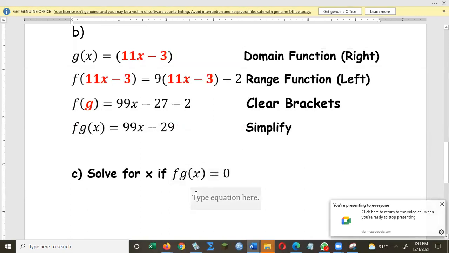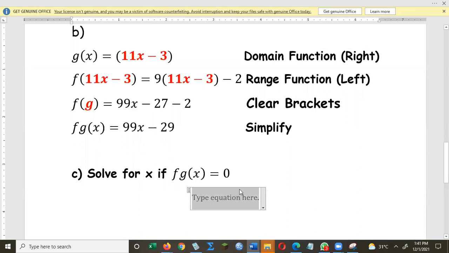So anybody, what can I type here? Tell me what to type there.